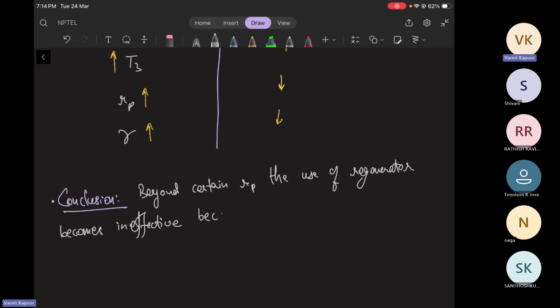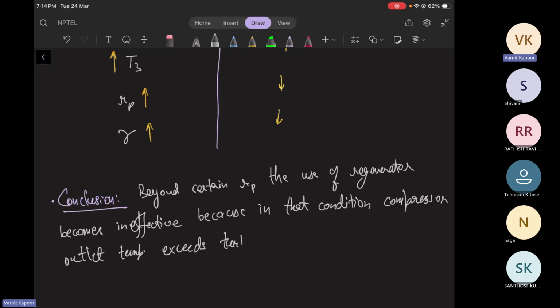Because in that condition, compressor outlet temperature exceeds turbine exhaust temperature. Okay.